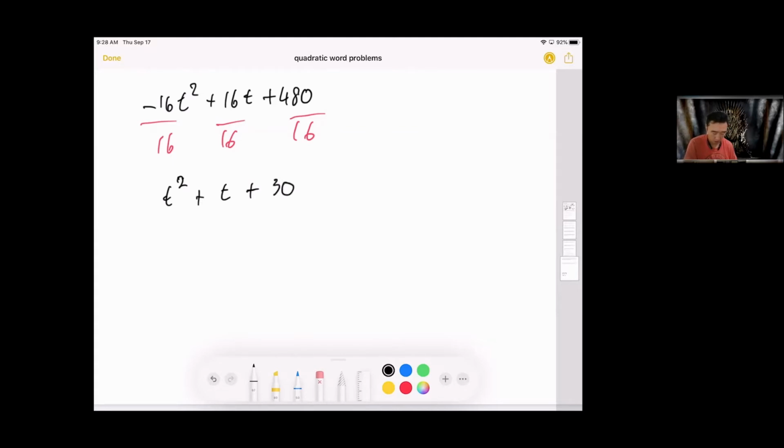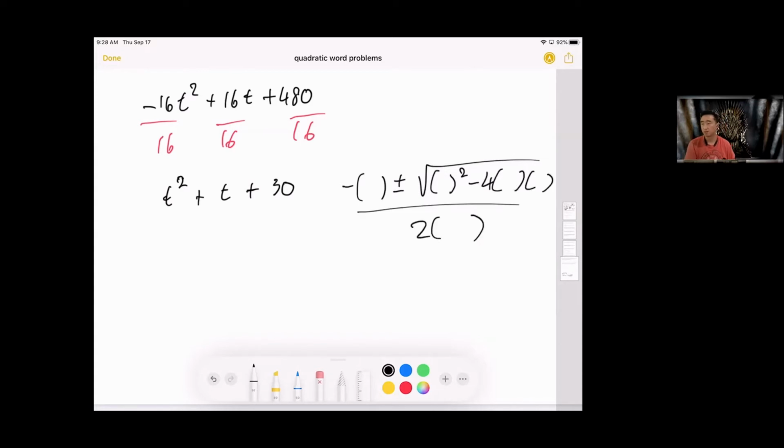So then I'm going to go ahead and do negative b plus or minus the square root of b squared minus 4ac, all over 2a. See what you get. Oh, this is a negative, by the way. Yeah, it's a -2, right? Yeah, okay. Very good.